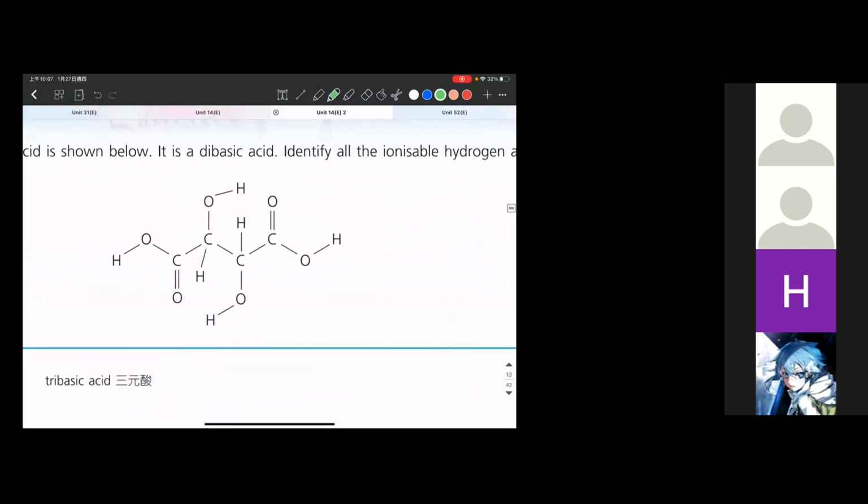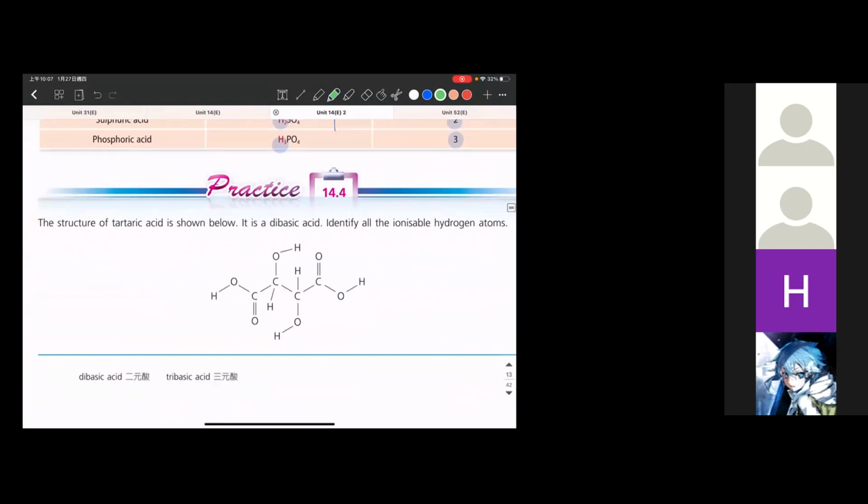How about this? If I have the structure of tartaric acid, it's a dibasic acid. Can you identify all ionizable hydrogen atoms? As said before, what you need to do is to check COOH. Not OH.